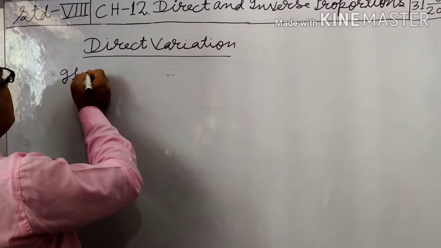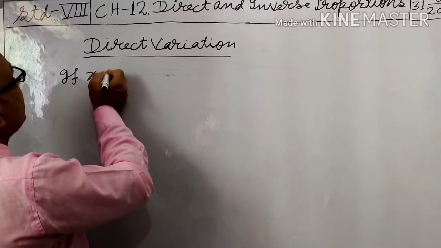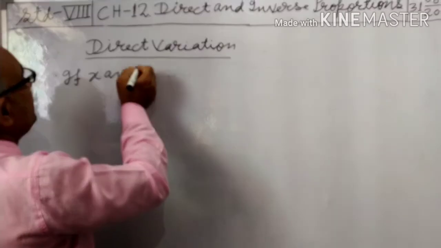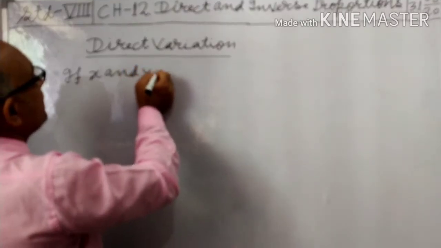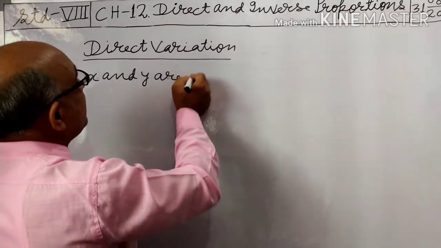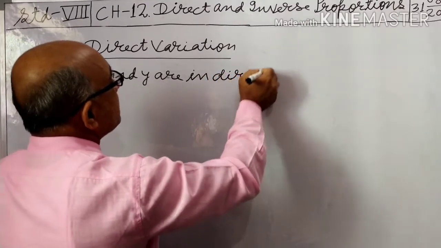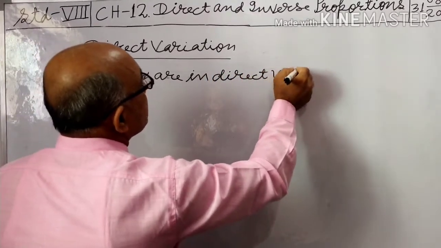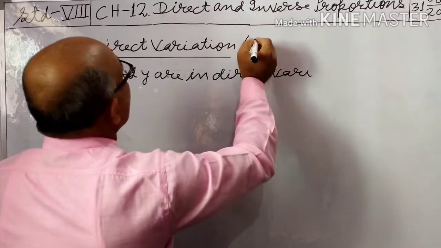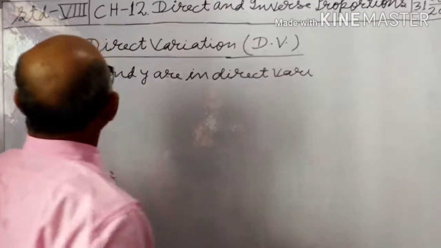If x and y are in direct variation, the abbreviation of direct variation is DV.